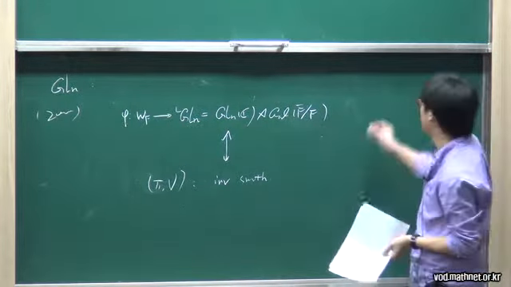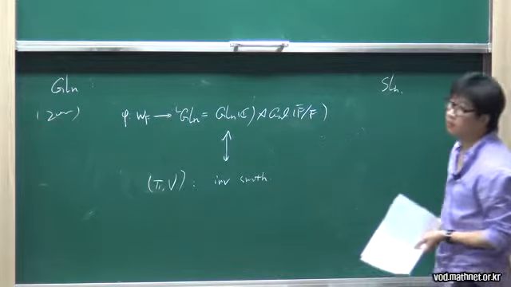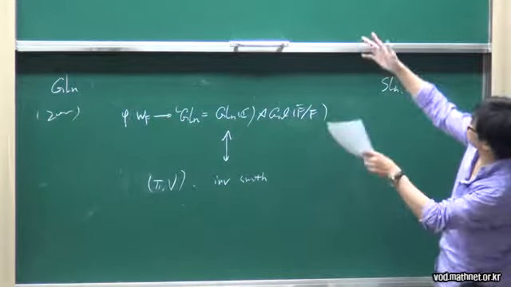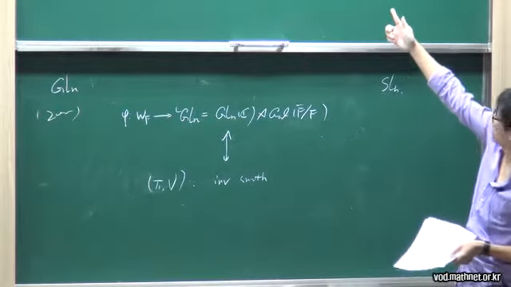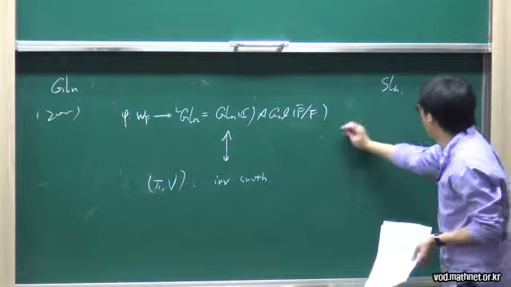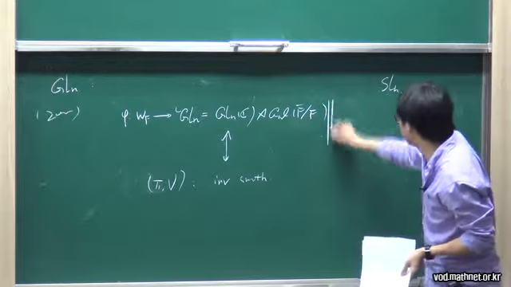But if you investigate another group other than GLN, for example SLN, it is different because we have to modulate some conjugacy classes. So we have the following situation.